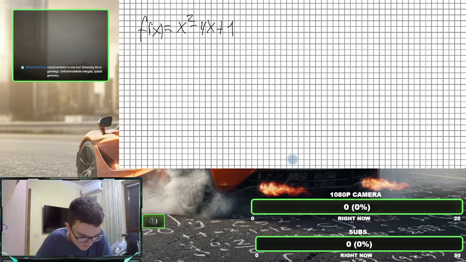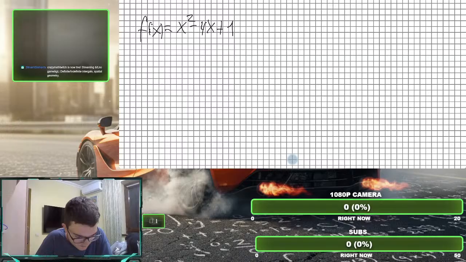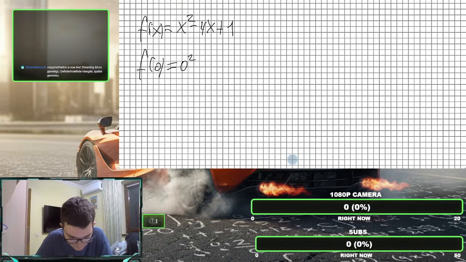So essentially, first I will do f of 0. So f of 0 is just 0 to the power of 2 minus 4 times 0, which is just 0, plus 1. So essentially it's 1.